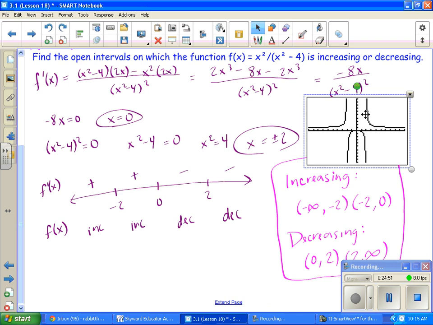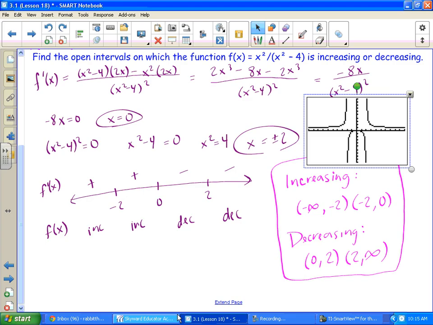So do you see how it can increase, and at negative 2 it's got an asymptote there? And then it's decreasing from 0 to 2, that looks right, and it's decreasing from 2 to infinity. All right, so this supports what I had there. Any questions on that? So you can always compare it to your graph, make sure the answers actually make sense for the graph that you started with, okay?